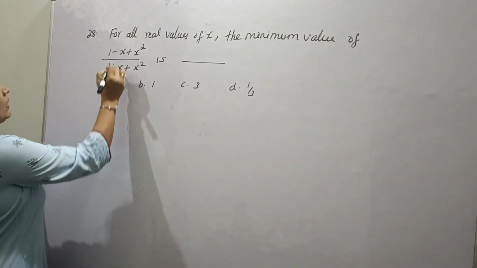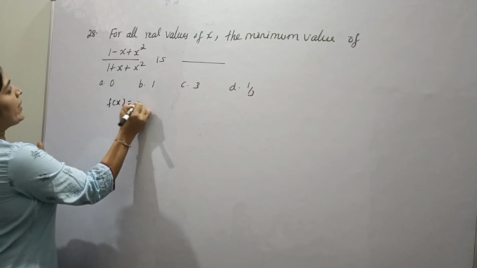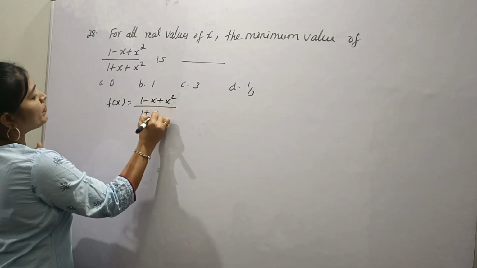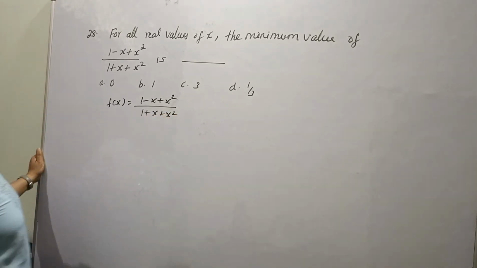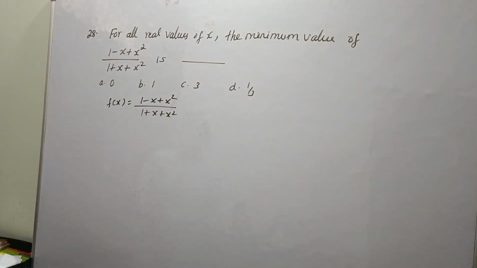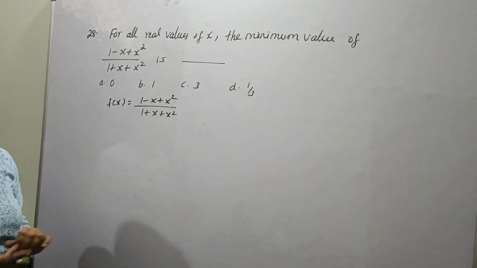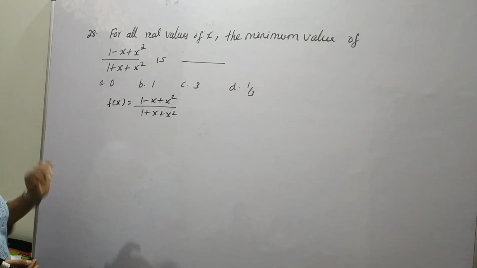So let's take f of x is equal to 1 minus x plus x square divided by 1 plus x square. We have to find at what value of x it is minimum.